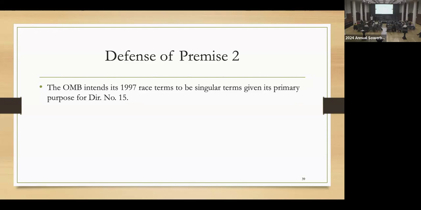Remember, one of the primary reasons they gave for wanting to control the race talk of the federal government was that there's too much crosstalk. So if you thought of the referent of these terms as not singular terms, that really wouldn't get rid of the ambiguity.